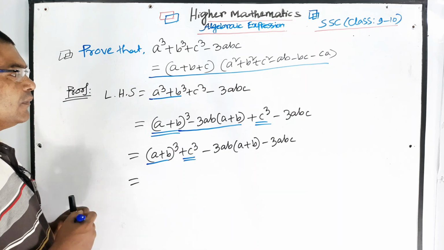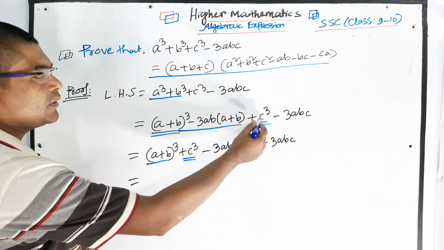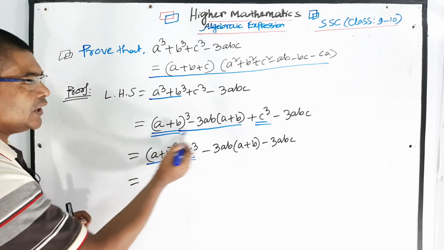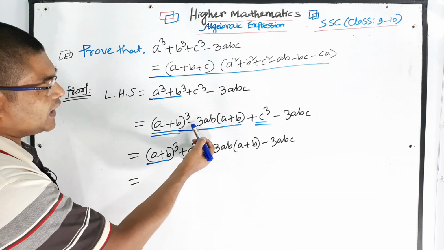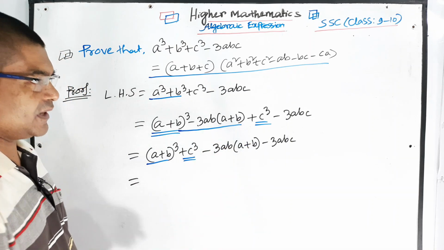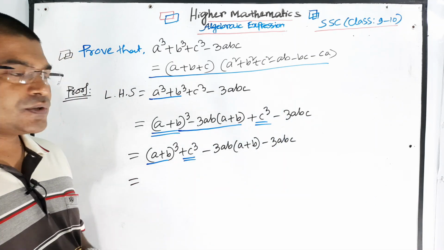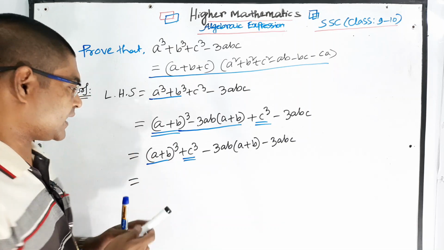So now you can say here is a plus b whole cube plus c cube, minus 3ab into a plus b, minus 3abc. So you have to use the rules of resolving into factors.